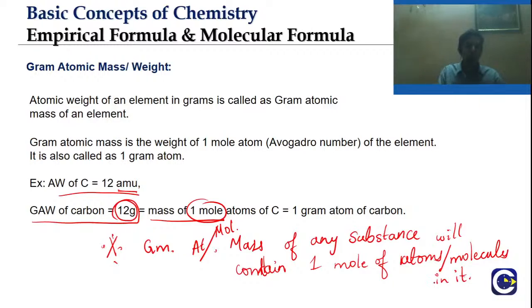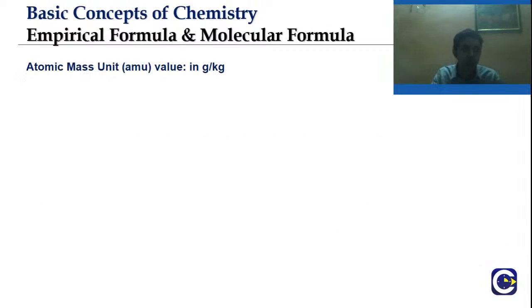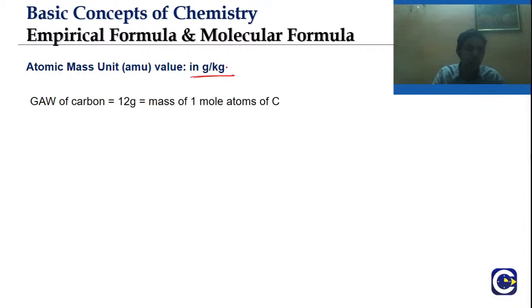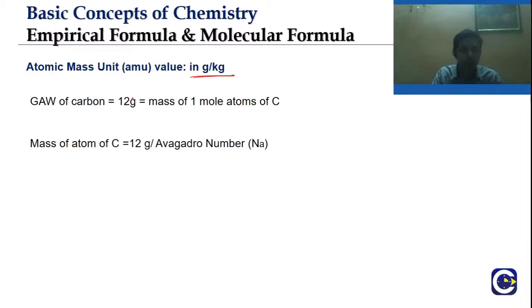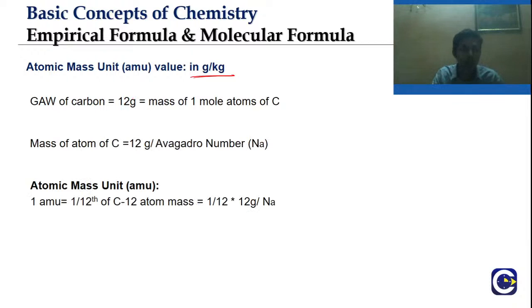Clear? What exactly 1 mole means, I'll teach you next class. Let's try to complete this. Atomic mass unit, AMU, value will be in gram. So gram atomic weight of carbon is 12 gram, which is equal to the mass of 1 mole of atoms of carbon. Mass of an atom of carbon is 12 gram by Avogadro number, called Na. What does this mean?